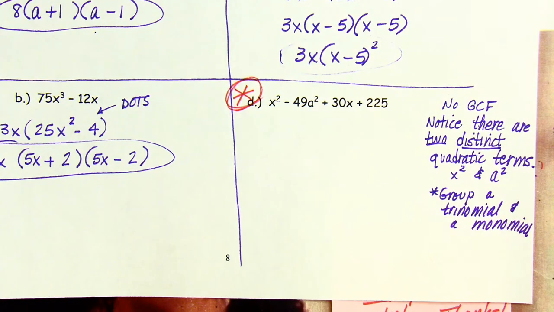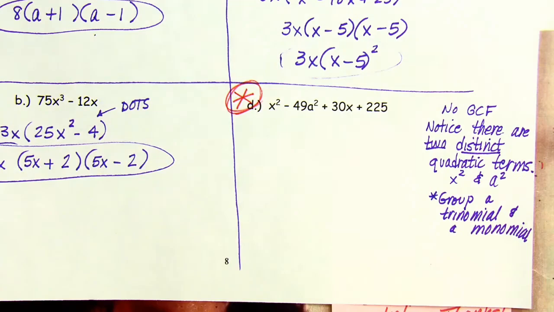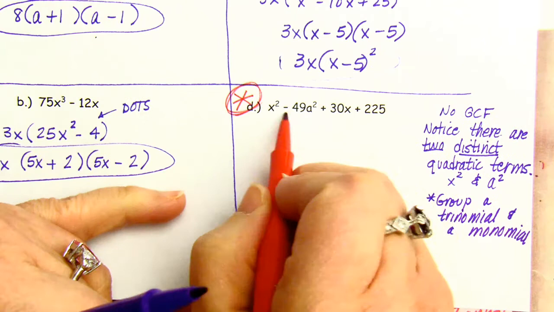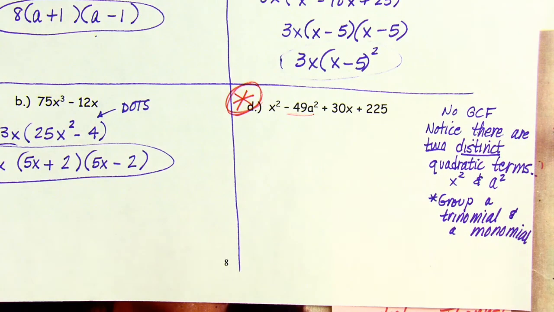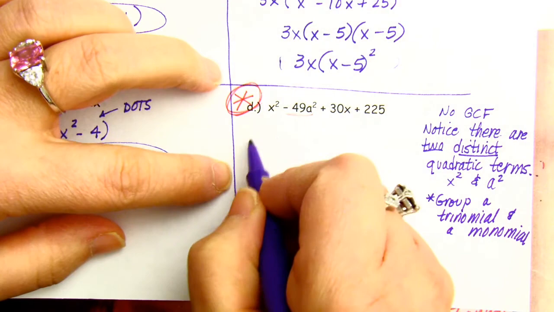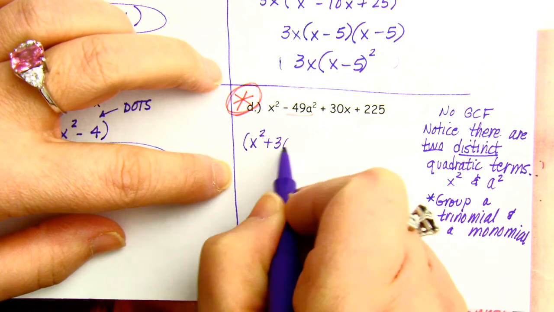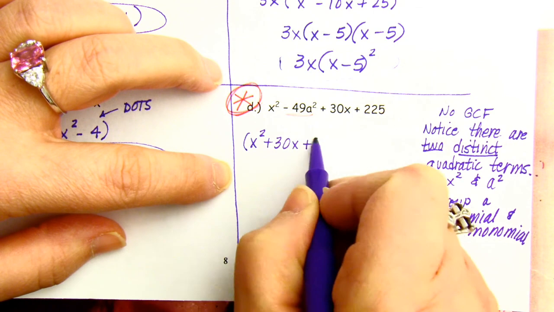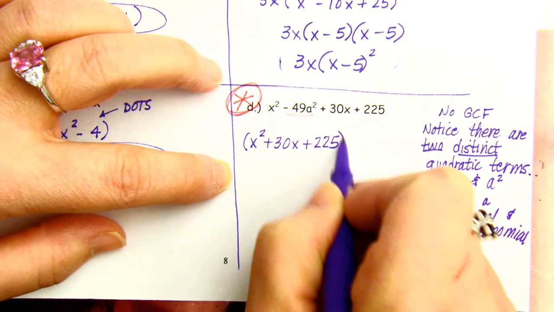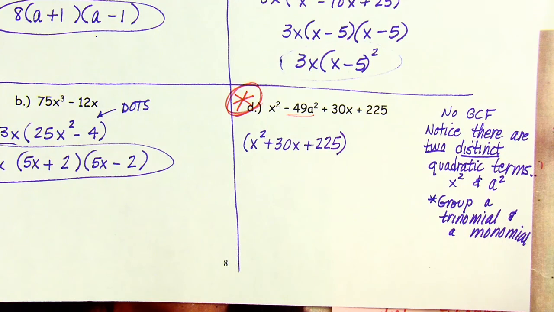All right, so I'm going to take this distinct term right here and group it off by itself. The one that's different. So I'm going to group x squared plus 30x plus 225 together as a trinomial.